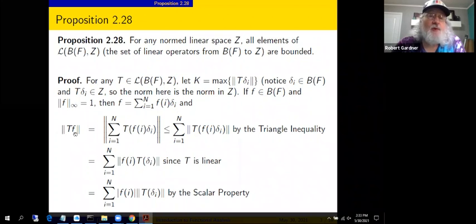Then if we take the norm of T of f, where f is a unit vector, right, we're going for a norm on T. Remember, we're trying to show T is bounded as a claim. If we look at the norm of T of f, then this would be the norm in linear space Z, for the record. That would be the norm of T applied to the linear combination.